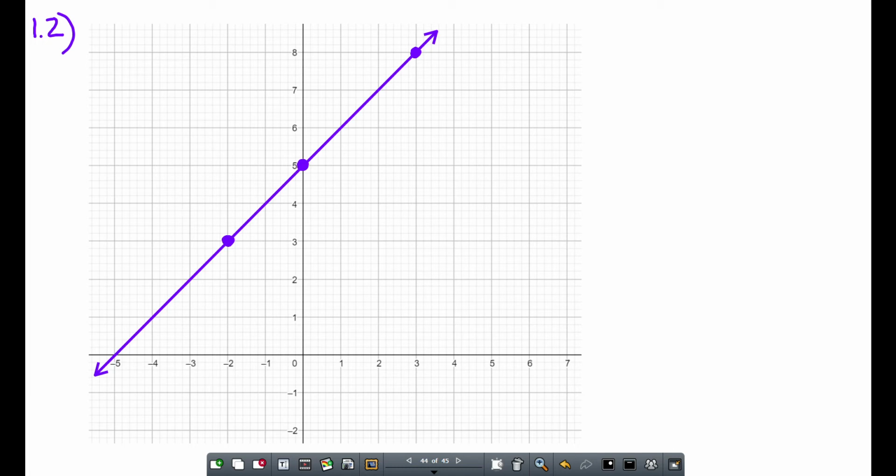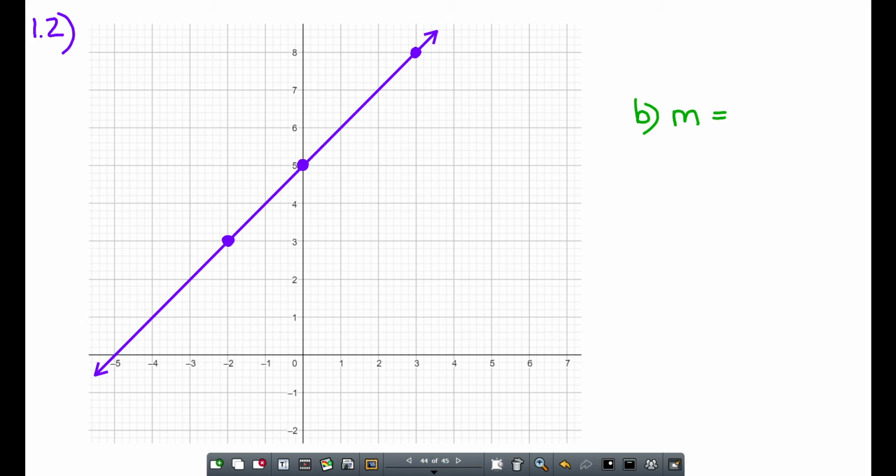Okay. Then at B, they want me to get the gradient. Gradient would be difference in y over difference in x.